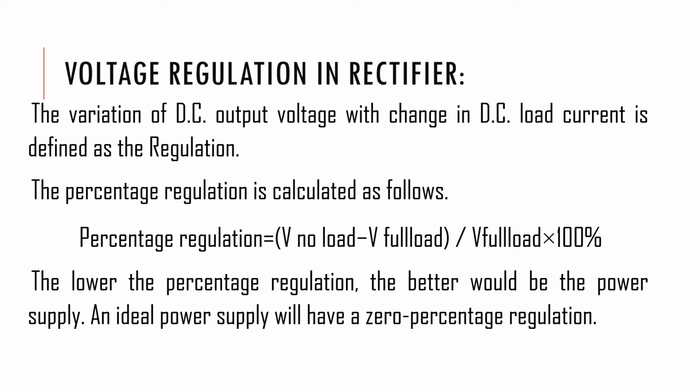And this can be calculated as voltage when no load is applied minus voltage when full load is applied, upon voltage when full load is applied, into 100. The lower the percentage regulation, the better the power supply. An ideal power supply will have 0% regulation.